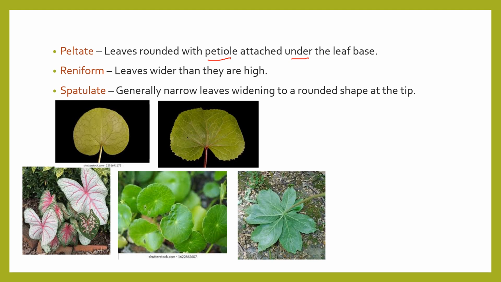Spatulate form or shape: generally narrow leaves, widening to a round shape at the tip. So this is the tip of the leaf, and you can see it's rounded at the tip.